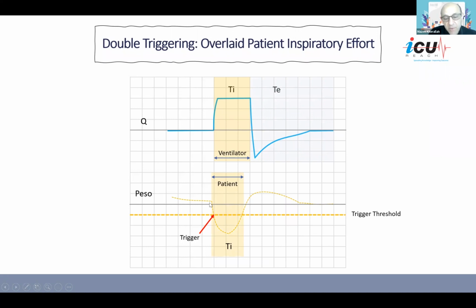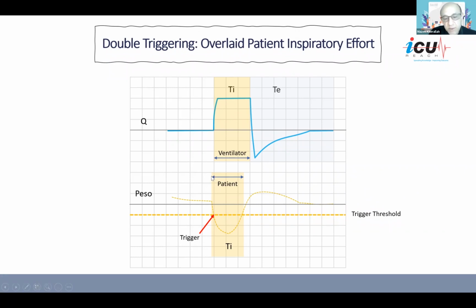However, the patient needs to drop that pressure to the trigger threshold before he's able to trigger the ventilator. And you can see that the ventilator is triggered at this point. And the machine delivered the breath, and this is a square wave flow delivered by the machine.